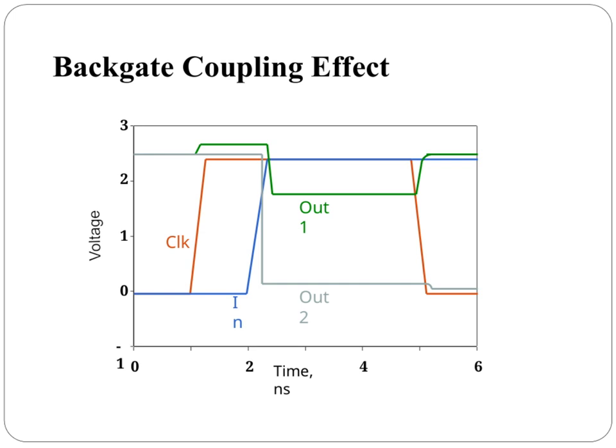What stands out is how the coupling through the backgate can shift the output signals, affecting their timing and levels. This effect is critical to understand because it can influence circuit reliability and performance, especially at smaller technology nodes where coupling effects become more pronounced.